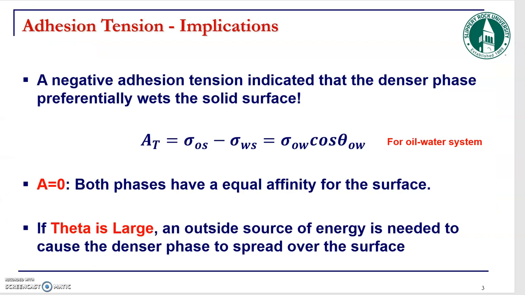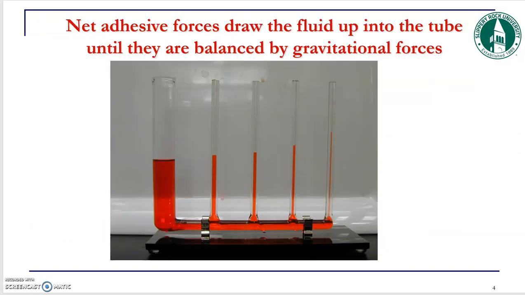Now it has some implications, especially we talked about this previously. One of the most important implications that we have here is that if you have a tube, a narrow tube, I think we discussed in a horizontal tube previously.